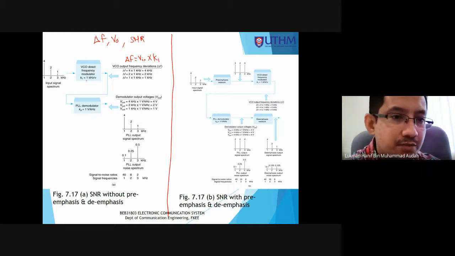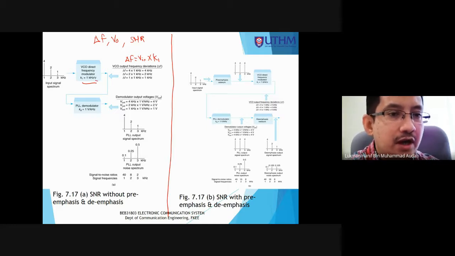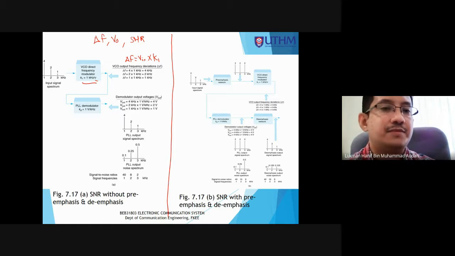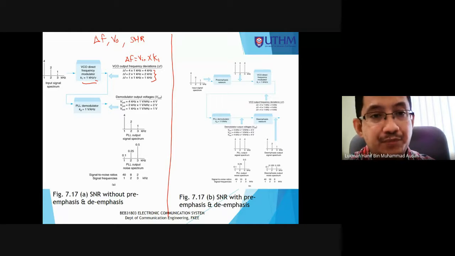Okay, because you remember that this is hertz per volt. If you multiply with volt, you're gonna get output in terms of hertz, which is the delta F. Okay, so we're gonna get 3 values of delta F1, delta F2, and delta F3. So this is the delta F at the output of the VCO. Okay, 4 kilohertz, 2 kilohertz, and 1 kilohertz.